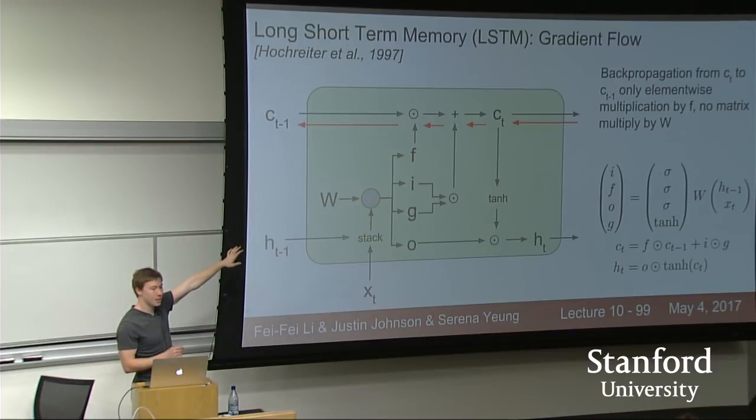So now it's much easier for the model to avoid these problems of exploding and vanishing gradients. Finally, because this forget gate is coming out from a sigmoid, this element-wise multiply is guaranteed to be between 0 and 1, which again leads to nicer numerical properties if you imagine multiplying by these things over and over again. Another thing to notice is that in the vanilla recurrent neural network, during the backward pass, our gradients were flowing through a tanh at every time step.